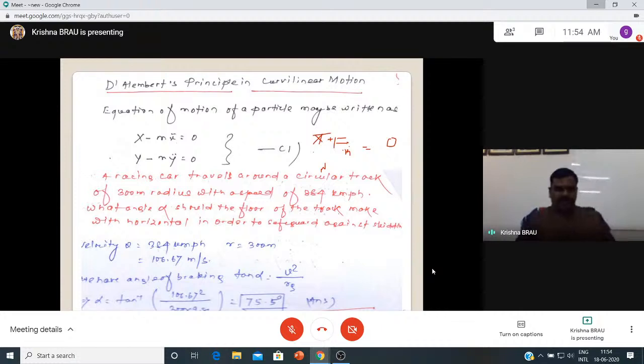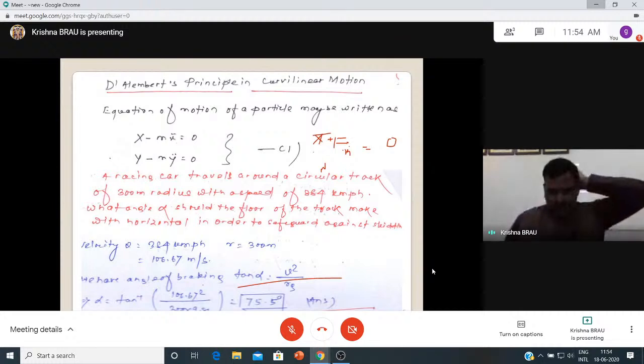See that expression we represented yesterday, tan theta is equal to v square by r g. V is given, R is given, and g is 9.81. See, substitute that, we got 75.5 degrees.